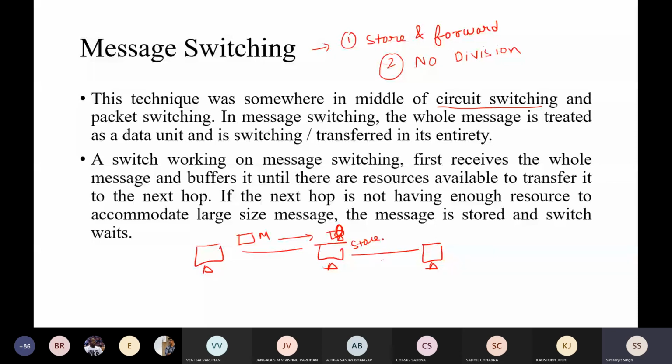Whenever the link is free, it will put the message onto the link. It does not have that many advantages, because if the link connected between various devices is very busy, or there is a lot of traffic on this particular link, you will not find a way to put the message onto the link.